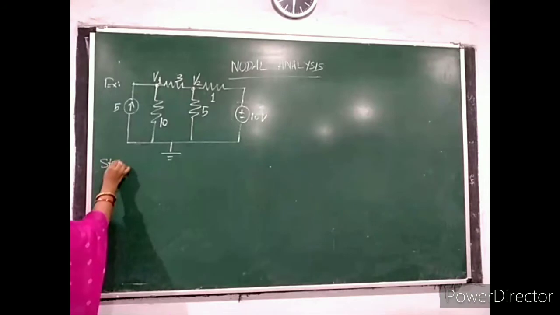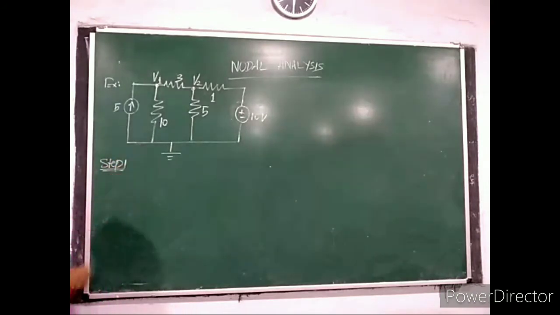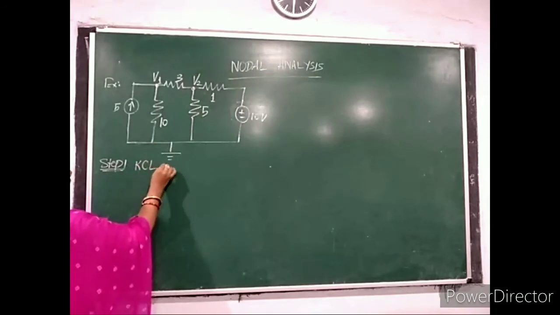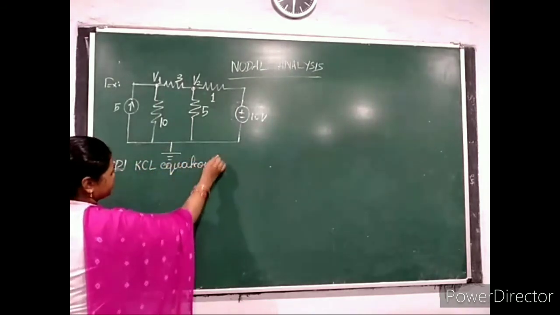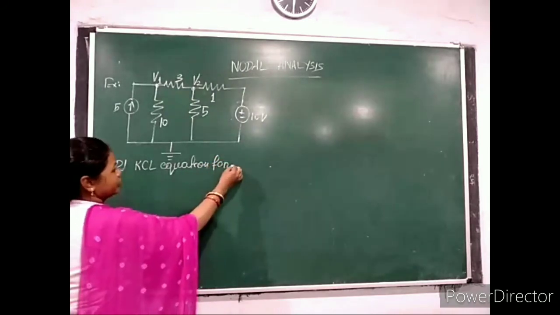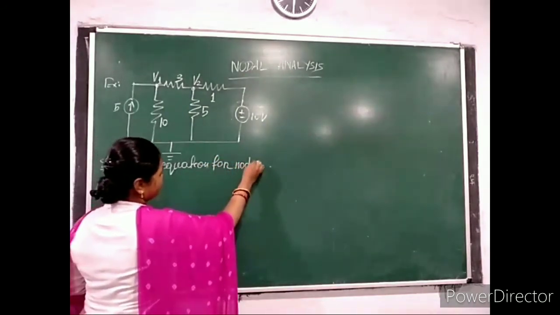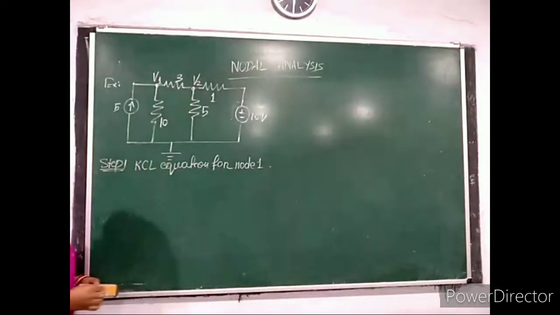For step 1, you write the KCL equation for node 1 by assuming it as a source node.